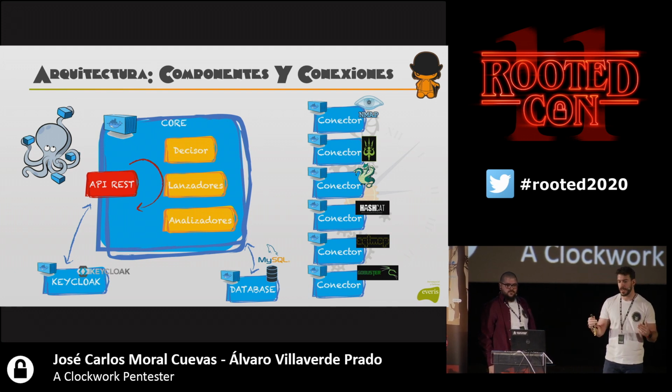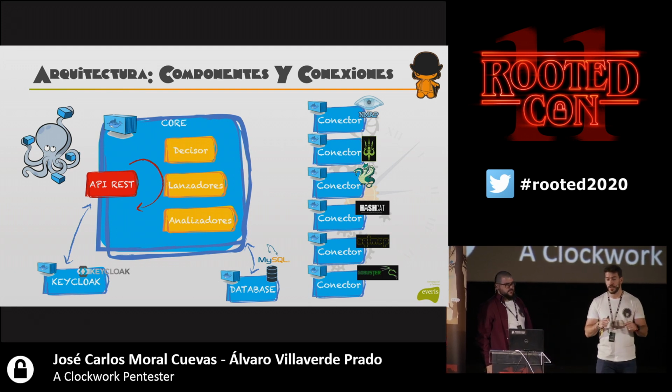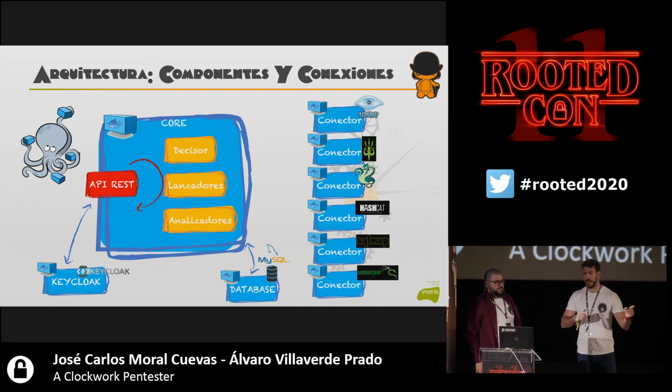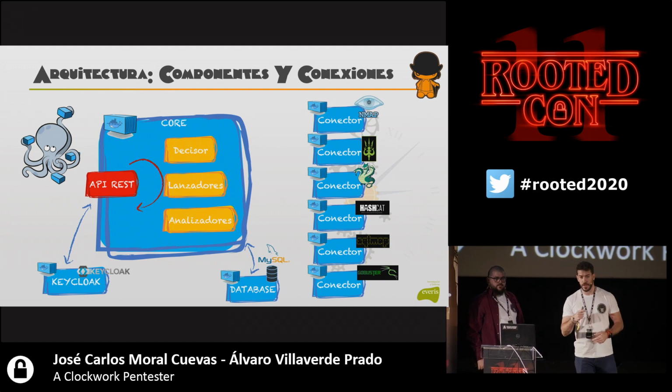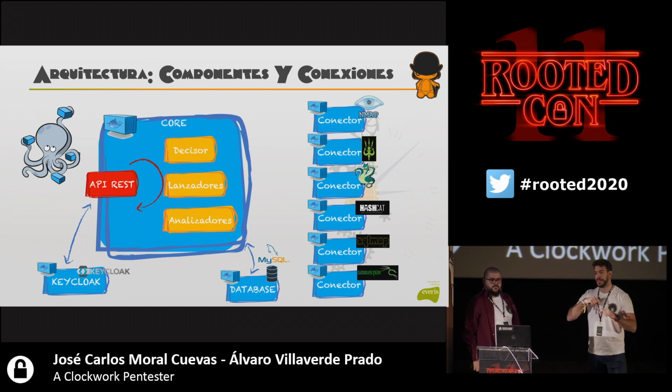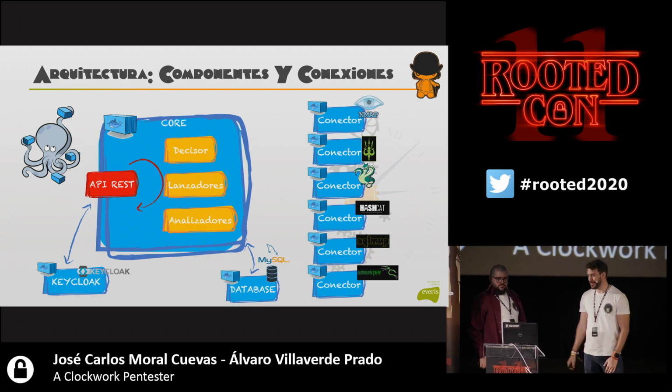So the decider thinks and selects the next step to be taken. Launchers connect with connectors to launch them depending on the configuration that we give them, and then analyzers analyze the responses from the tools.